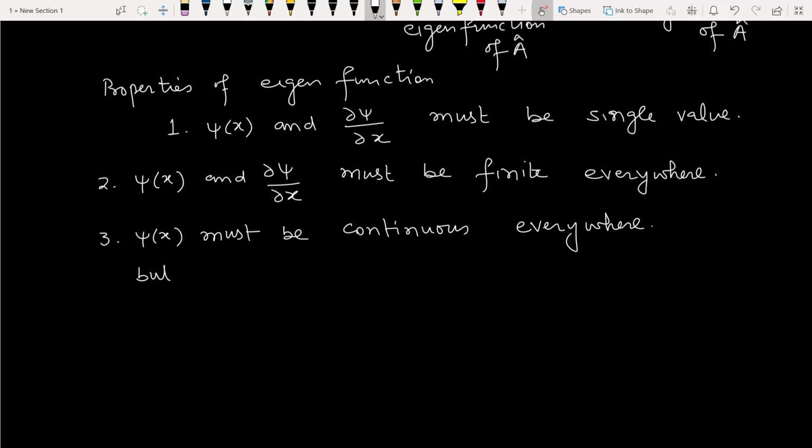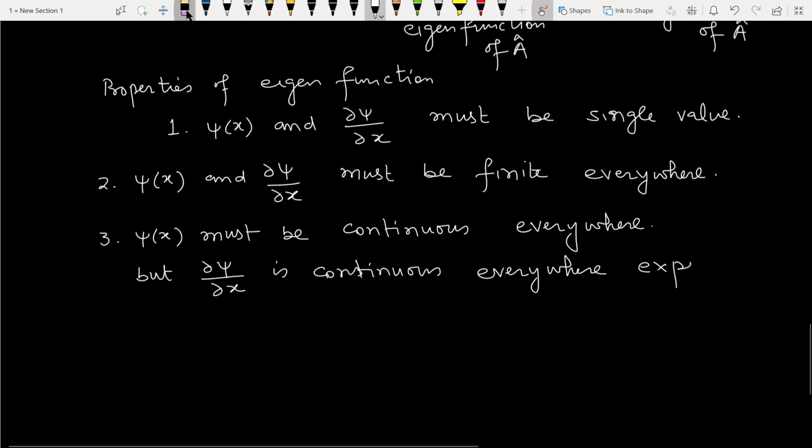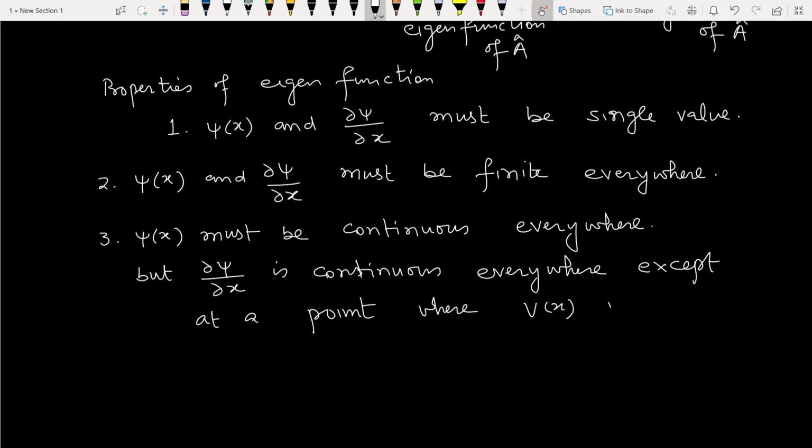But its first derivative is continuous everywhere, except at a point where V(x) is infinite.